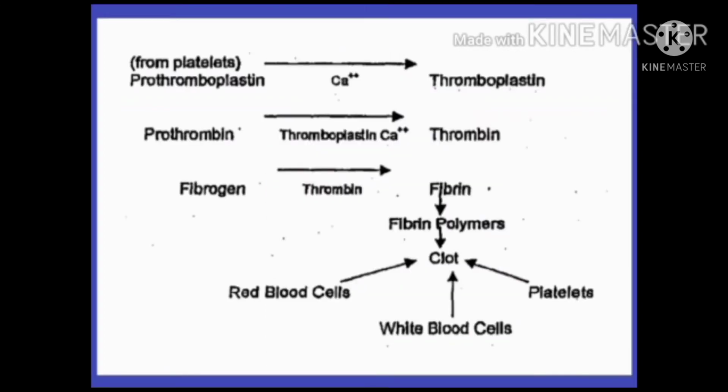So as the blood flows out from the damaged blood vessels of the wounded tissue and comes in contact with external air, the ruptured platelets of injured tissue release a substance called thromboplastin. Now what is thromboplastin? Thromboplastin is a protein.